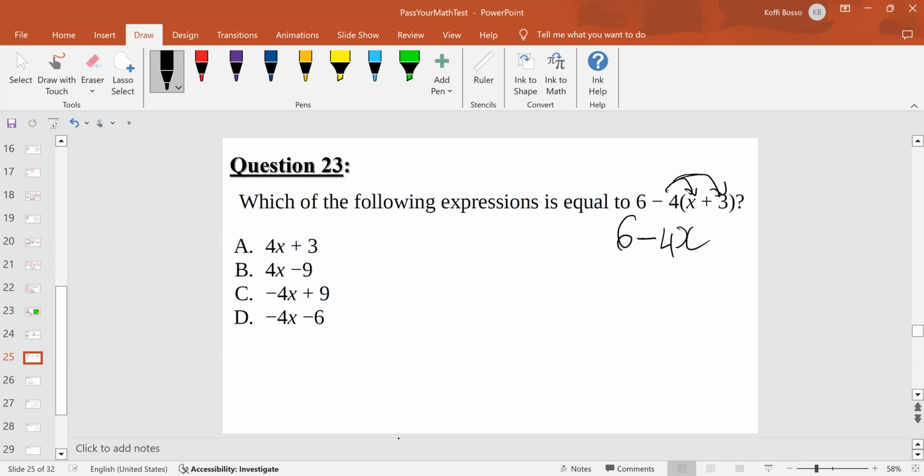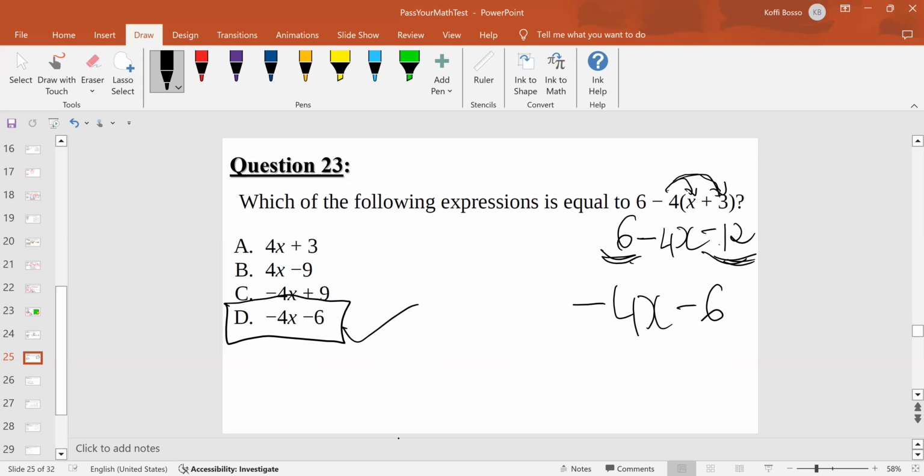The same, negative 4 times positive 3 gives you negative 12. After that, we combine like terms. We have a 6 and negative 12. So we keep the negative 4x, and now 6 minus 12 is negative 6. So the correct answer here is D.